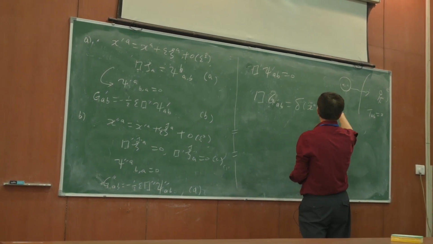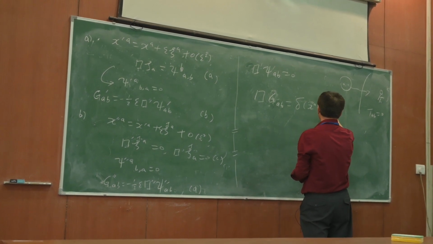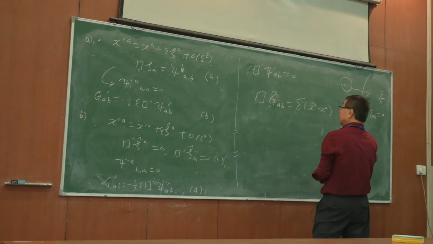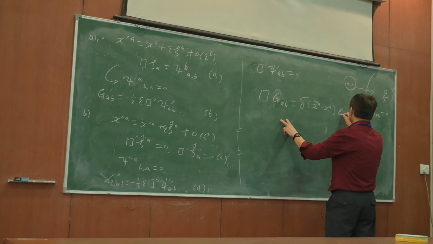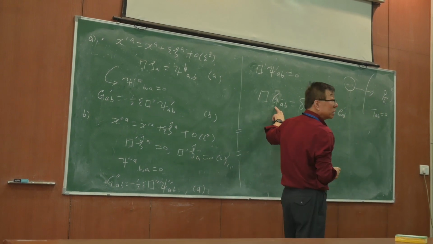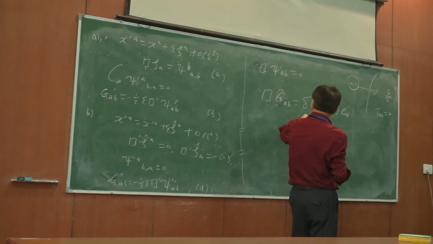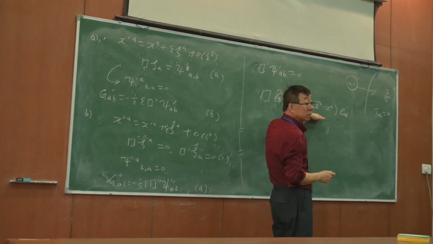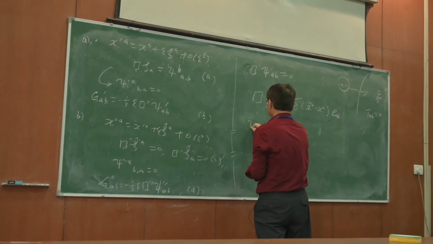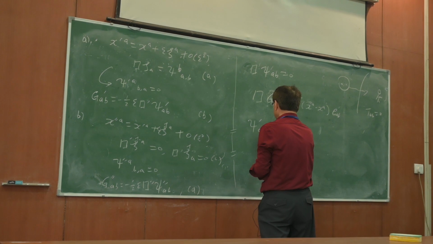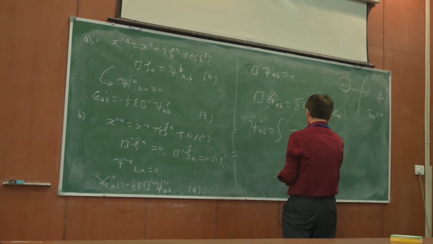I'm thinking how to write this Dirac function. Plus some source term, which you can consider constant. Using the Green's function, this is a point source. So I can write my phi prime AB in terms of the Green's function, TAB and G.